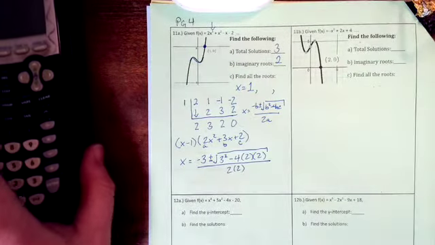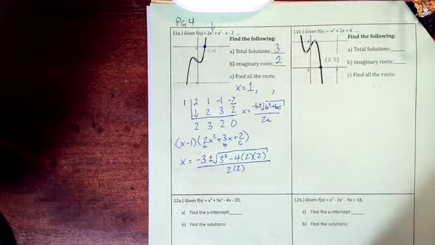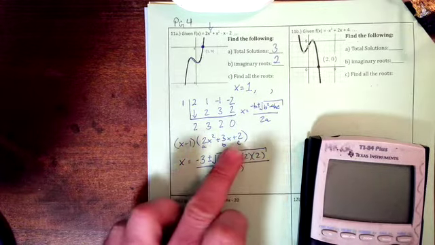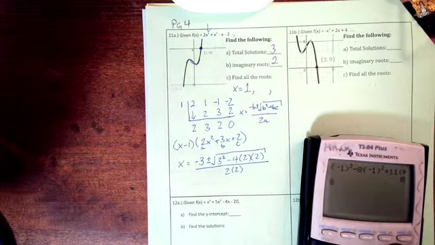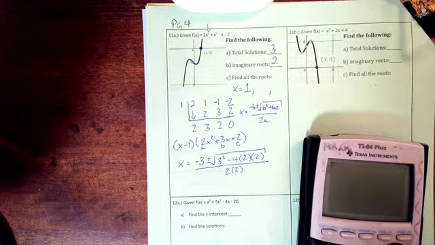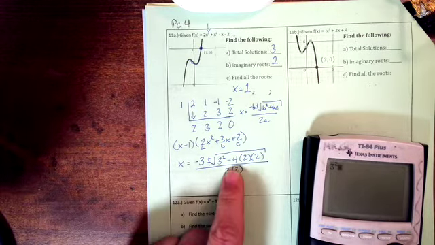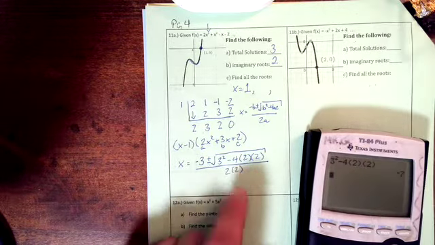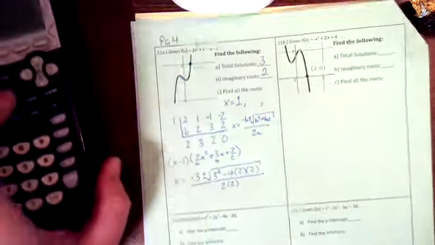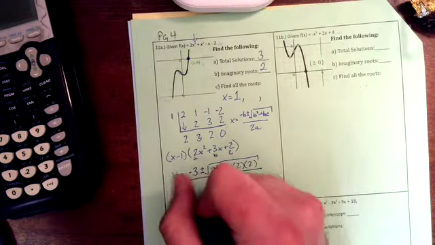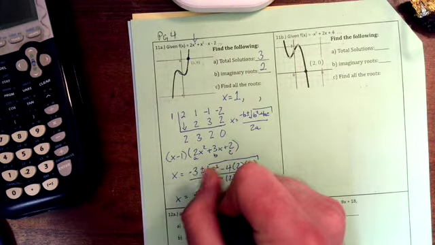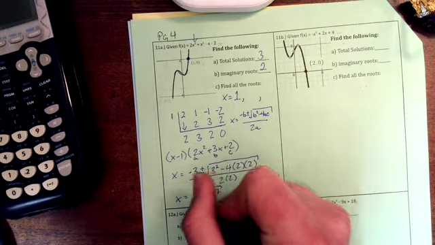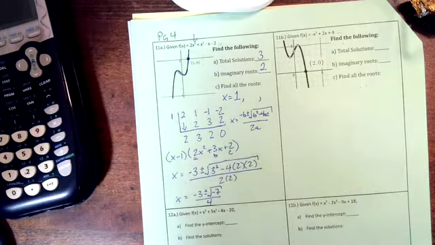Now again, the calculator can't do all of this, can't do the square root right now because we know that this is going to be a non-real answer, but we can still speed up some of this. 3 squared minus 4 times 2 times 2 is negative 7. So x equals negative 3 plus or minus the square root of negative 7, all that over 4.